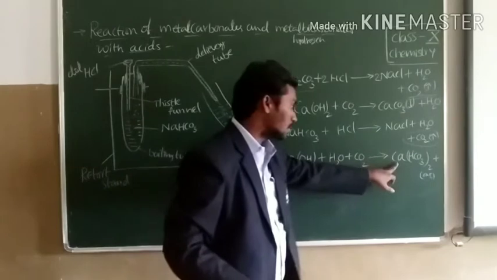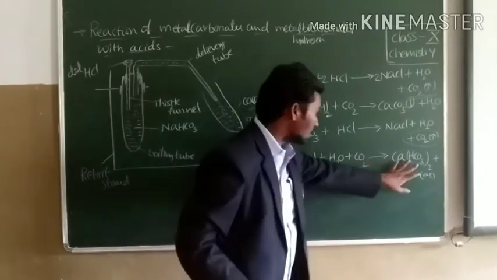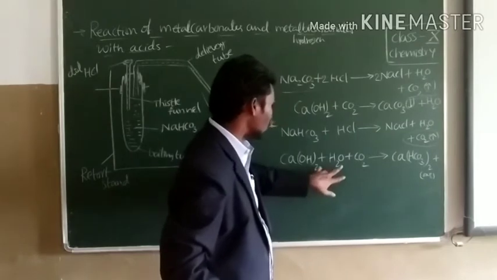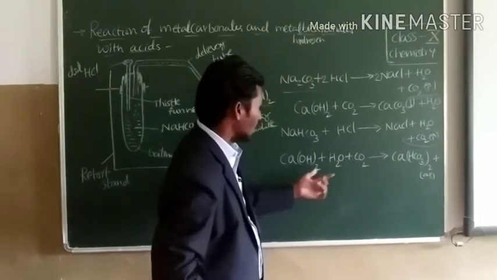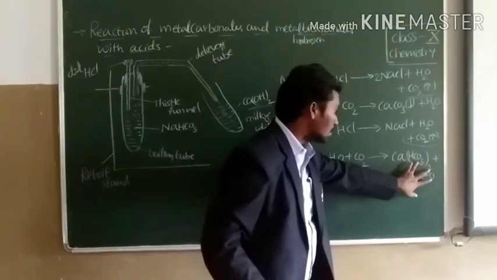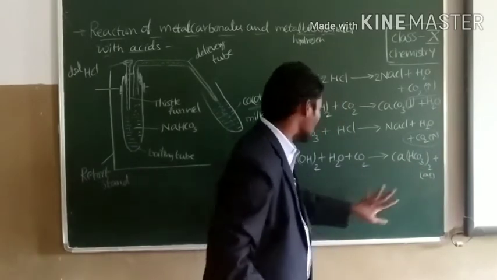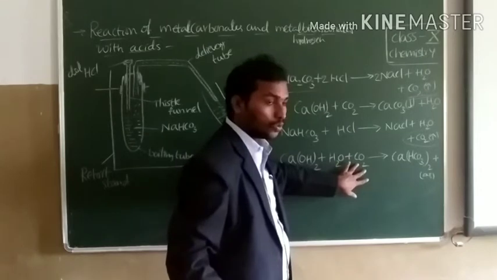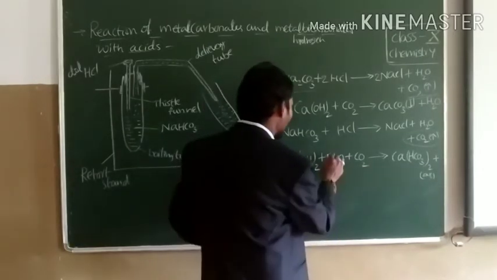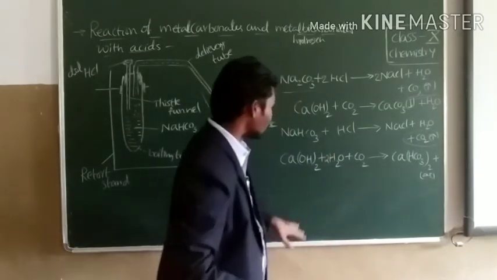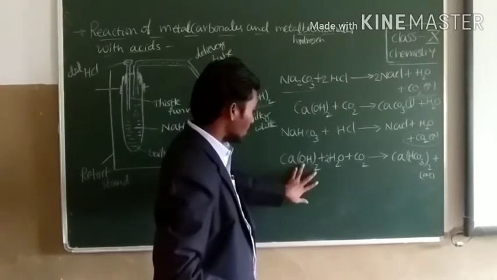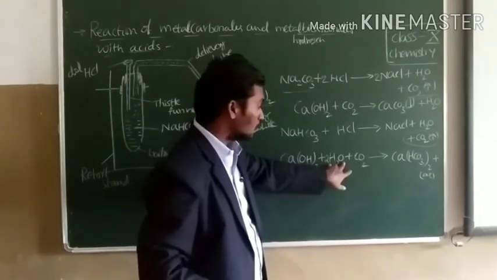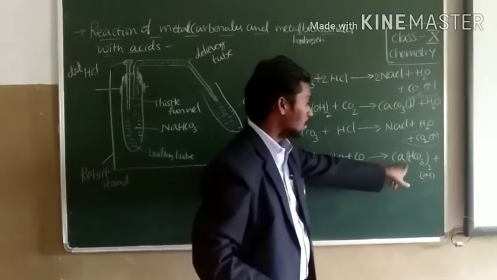Ca, one Ca atom. Hydrogen atoms here, two hydrogen atoms here, 2 plus 2, 4 hydrogen atoms are there. Next oxygen atoms. Here 3 twos are 6 oxygen atoms, here 2, 4 plus 1, 5. So write here 2. Here 2 oxygen atoms, 2 plus 2 is 4, 4 plus 2 is 6.